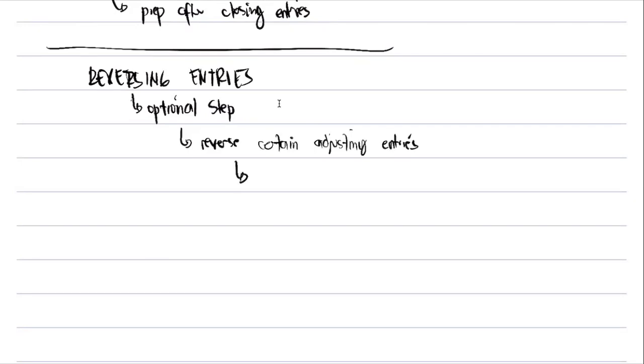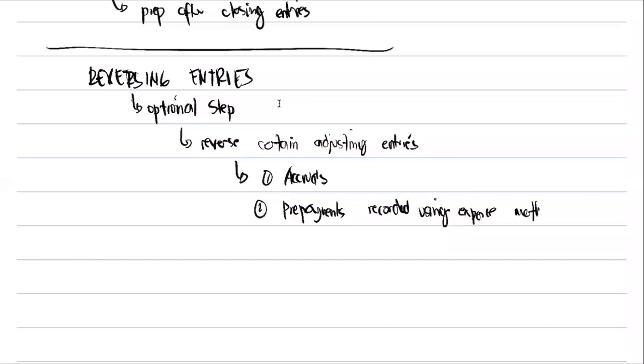So what do we reverse? We have only 3 entries that will be reversed. Accruals, prepayments recorded using expense method, and then we have your unearned income recorded using income method.